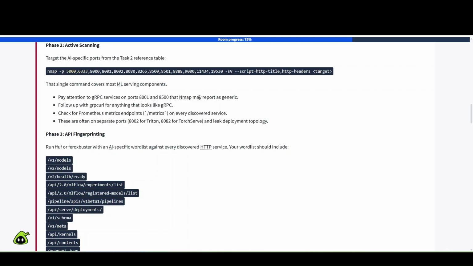Remember what it said about Nmap, that sometimes it can't correctly identify what's running there. Follow up with grpcurl for anything that looks like gRPC. Check for Prometheus metrics endpoints on every discovered service. These are often on separate ports, 8002 for Triton and 8082 for TorchServe, and leak deployment topology.